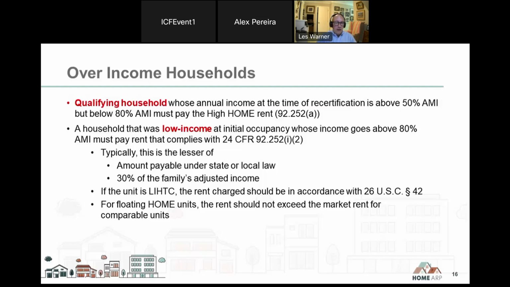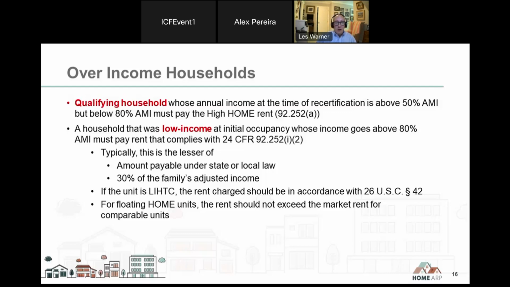If you are a developer or an owner, each time those new rent schedules are published, the PJ is going to be sending them out to you. So that's for our QP households. If they go over 50% area median income, we're going to bump up their rent from the low HOME rent to the high HOME rent.